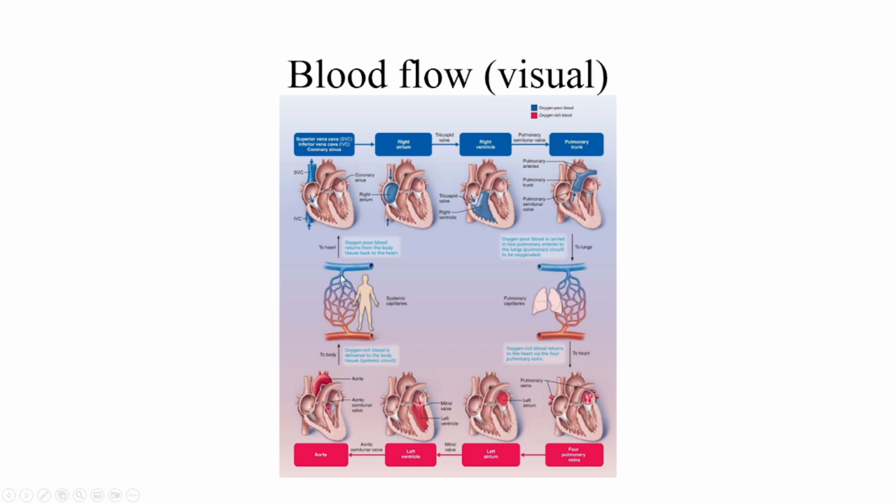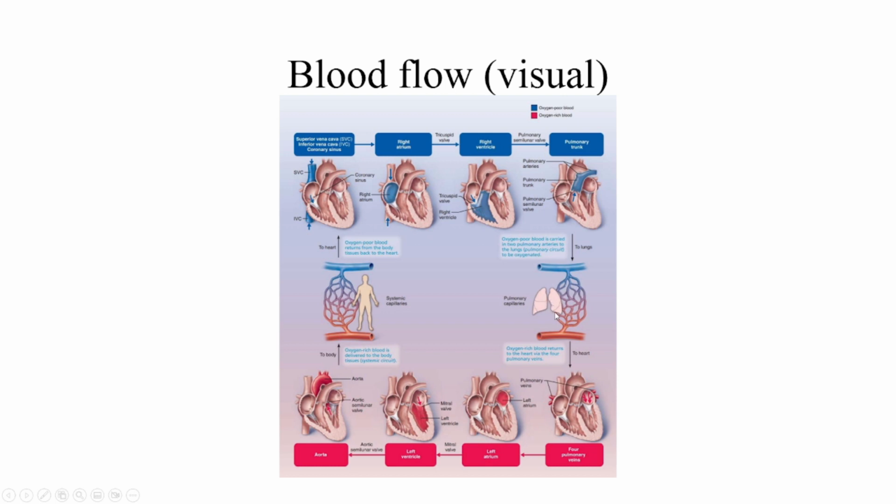It comes from the body into the superior vena cava, the inferior vena cava, and the coronary sinus. Then it goes to the right atrium. From there it goes to the right ventricle via the tricuspid valve. From there it goes to the pulmonary trunk via the pulmonary semilunar valve. And then from here it goes to the lungs. And this is where the gas exchange takes place and it becomes oxygen rich.